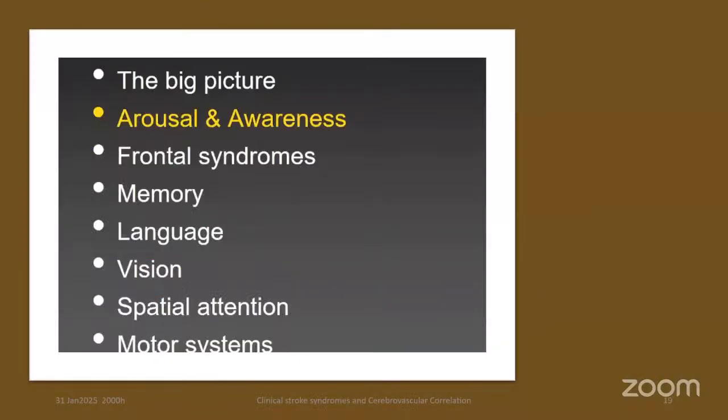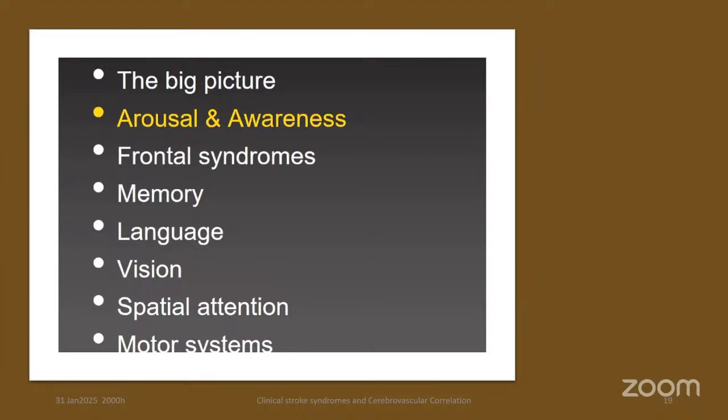And then we look at how arousal is affected, awareness is affected, because some of you will be doing tests to see whether the individual is cognitively impaired or not impaired.